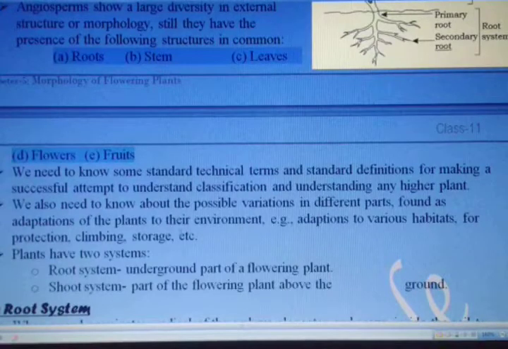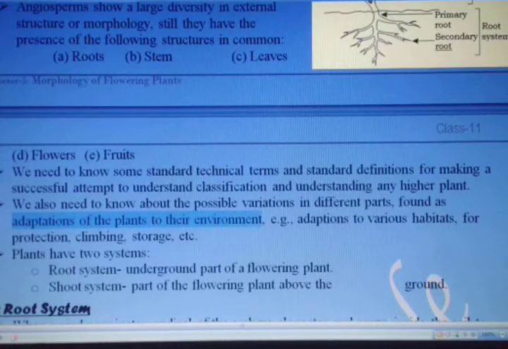So we need to understand how these structures have been formed so that the plants can adapt to different climatic and environmental conditions, because plants are found everywhere. They are found in the plains, they are found on mountain tops. They are found everywhere due to their ability to adapt themselves by forming different kinds of structures. That means they have adapted to different kinds of habitats.